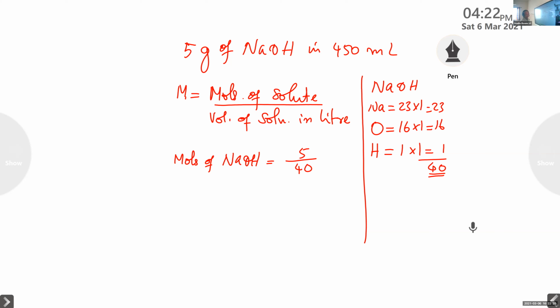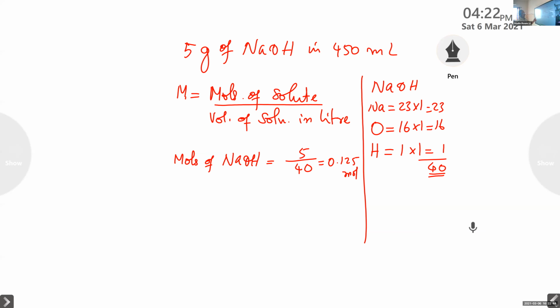So you divide 0.5 by 4. The value is equal to 0.125 mole. That is the number of moles of sodium hydroxide.